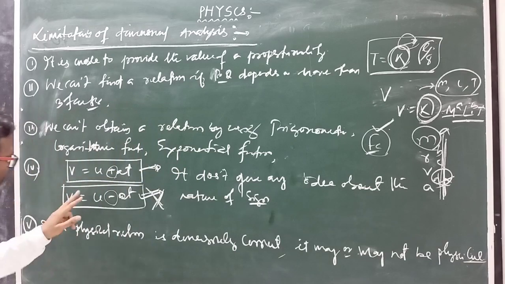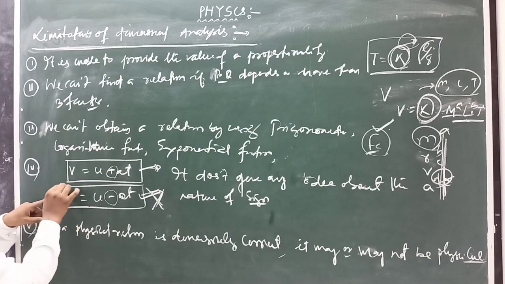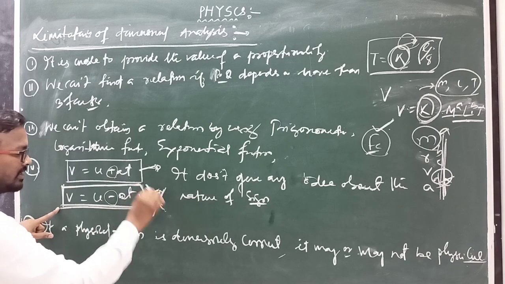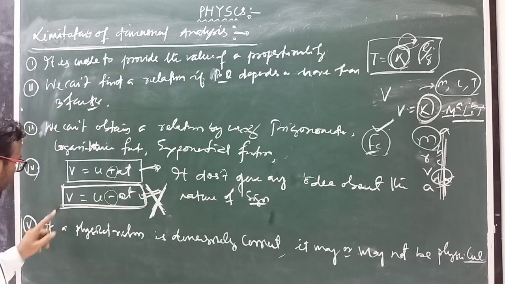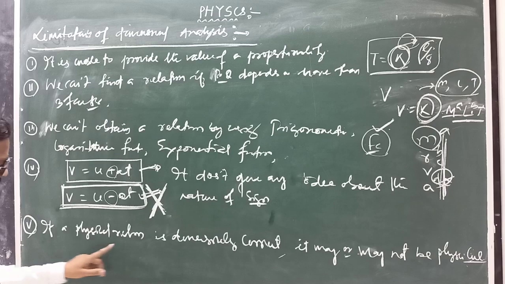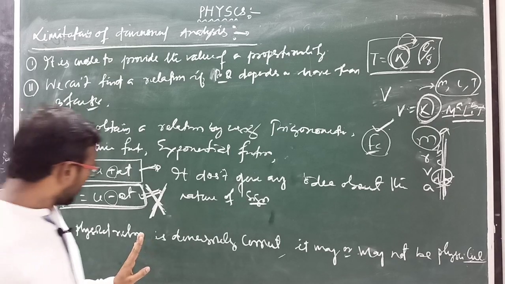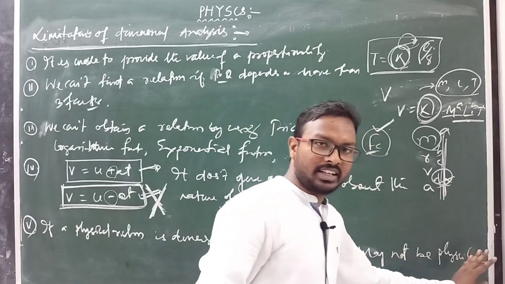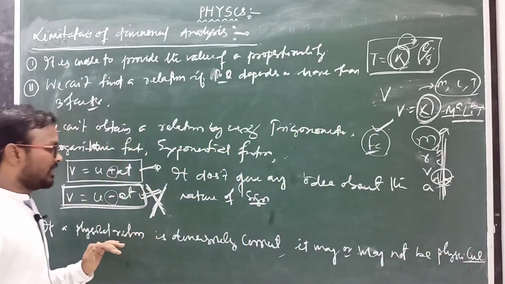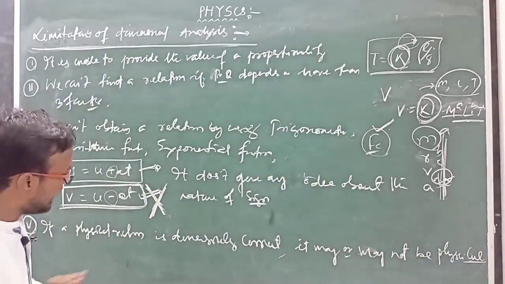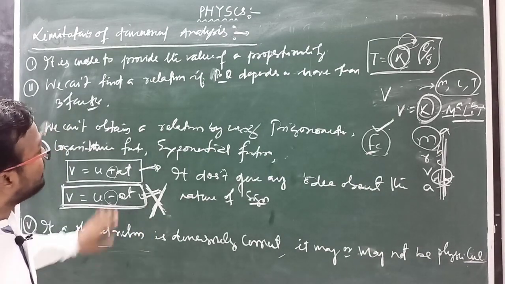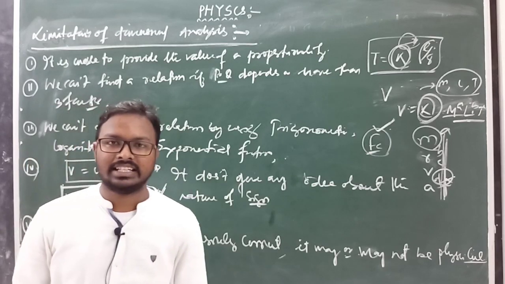Clear? Suppose this relation is dimensionally correct, but this relation is physically not correct. So if a physical relation is dimensionally correct, it may or may not be physically correct, and dimension does not give any idea about this. Clear? So these are the limitations of dimensional analysis.